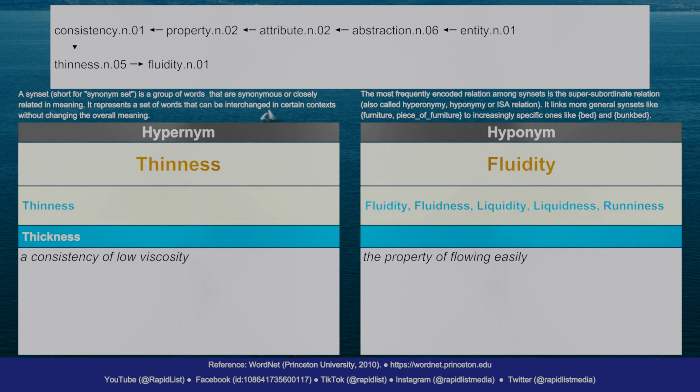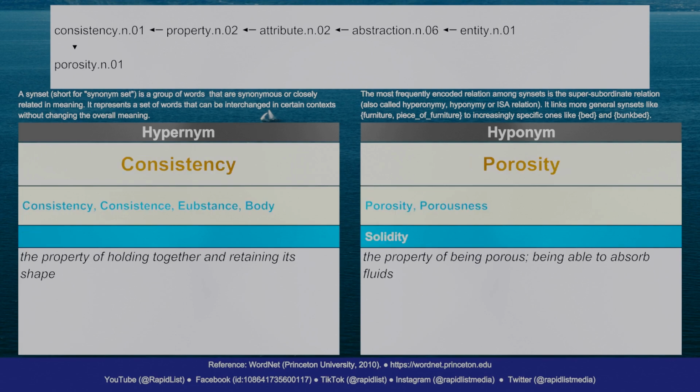Adding lead makes the alloy easier to cast because the melting point is reduced and the fluidity is increased. Wateriness. The property of resembling the viscosity of water. Porosity. The property of being porous, being able to absorb fluids.